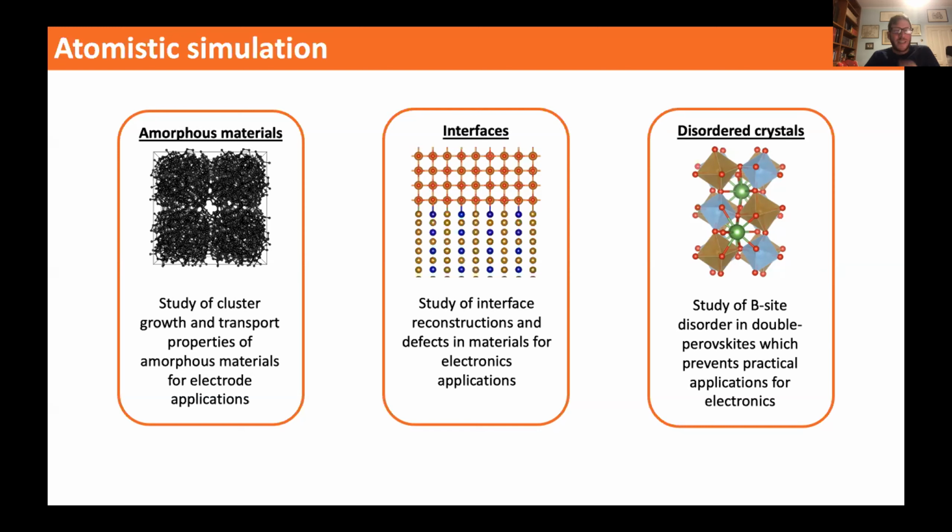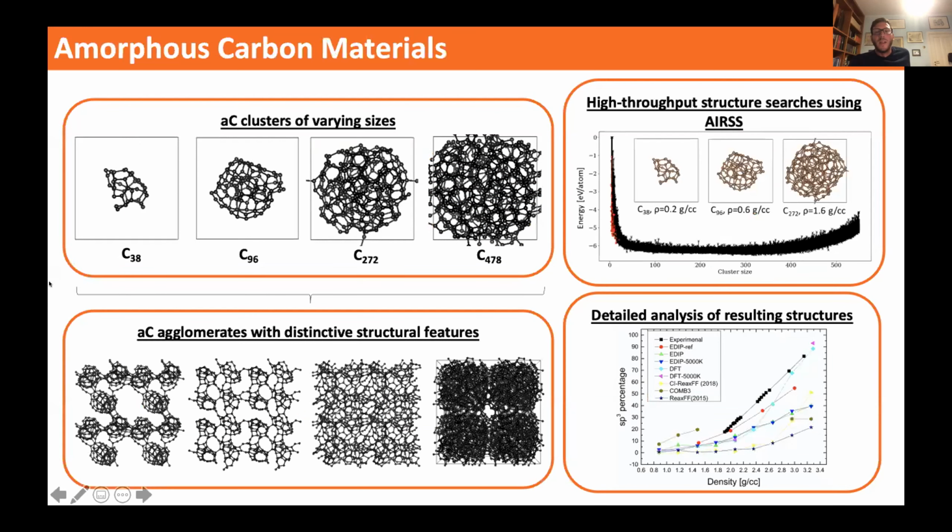At the atomistic level, we've been focusing mostly on the study of amorphous materials for electrode applications, which is the work that Borja Carosulu has been doing. We've also studied interfaces, which I don't need to tell you are key both for battery applications and for different devices, and the study of disorder in clusters, which was a most recent publication. I'm now going to describe the details of these different topics.